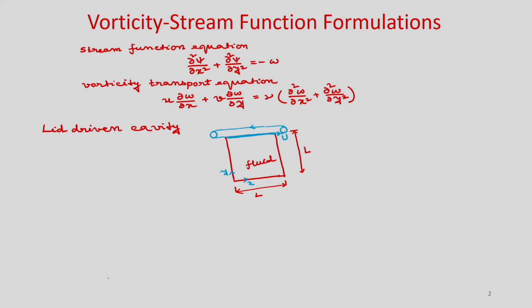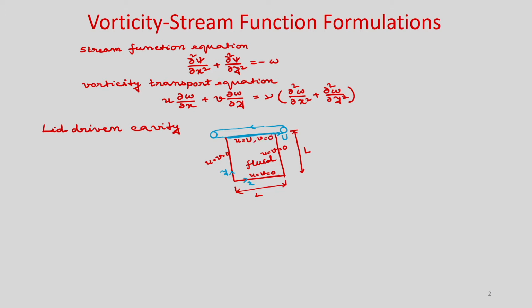In terms of velocity, what are the boundary conditions? On the left boundary, u is equal to v is equal to 0, and on the right also u is equal to v is equal to 0. All are no slip conditions. On the top wall it is u equal to capital U, because it is moving in the x direction with velocity capital U, and v is 0.